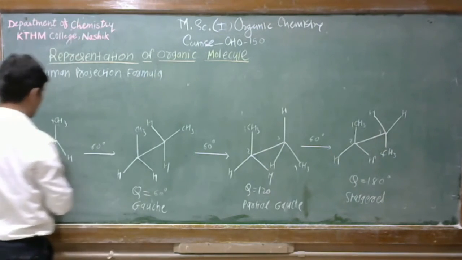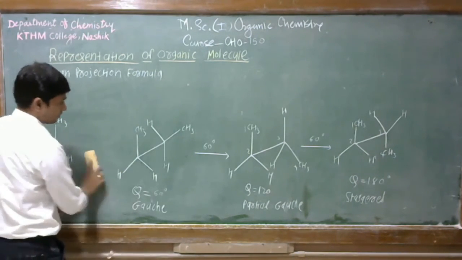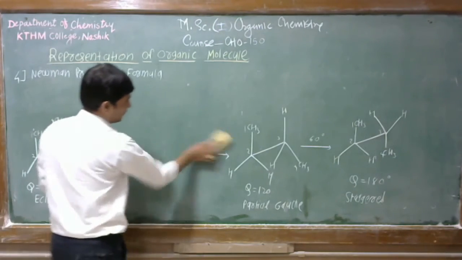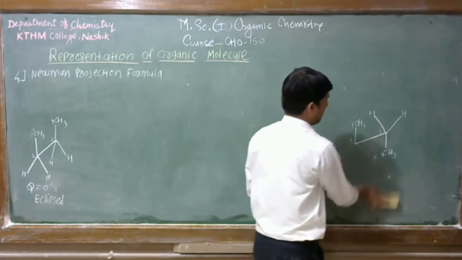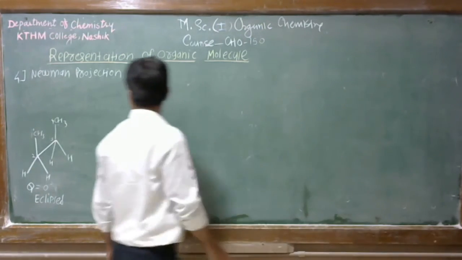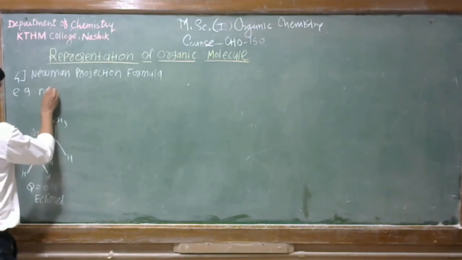Newman projection formula is also shown for the stereochemistry on the adjacent carbon atom. Again we take the example of n-butane.